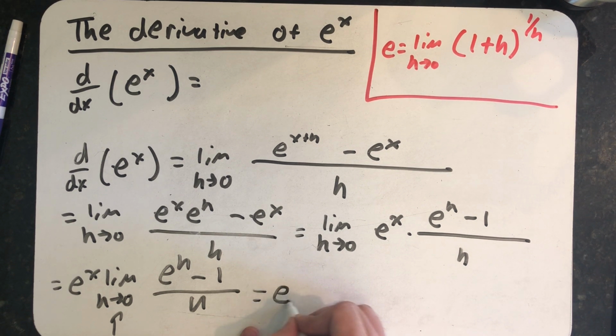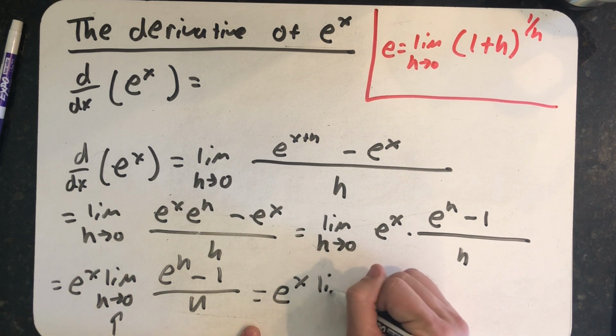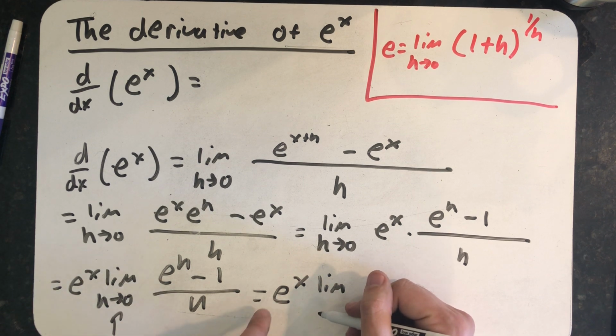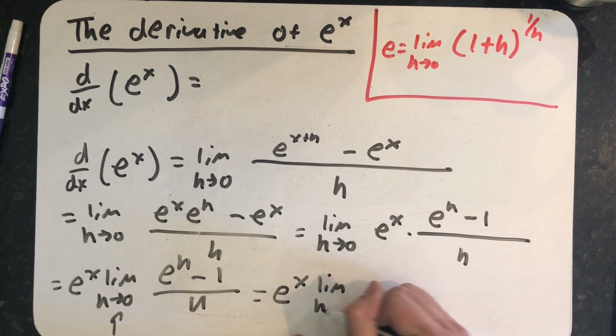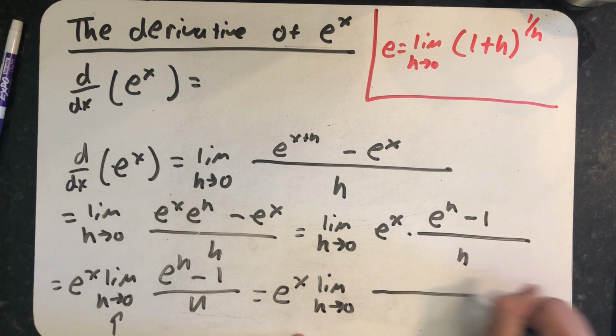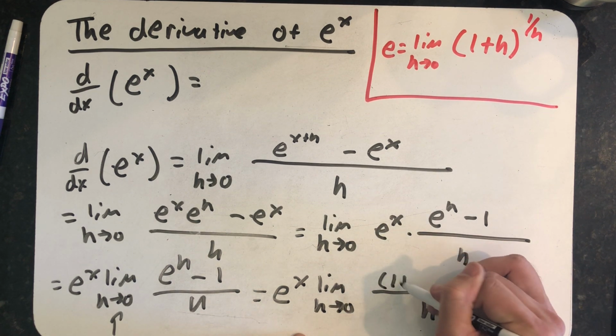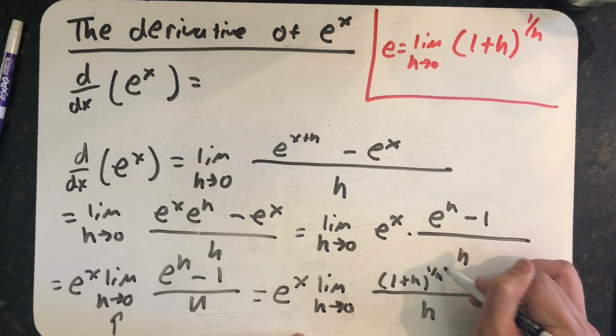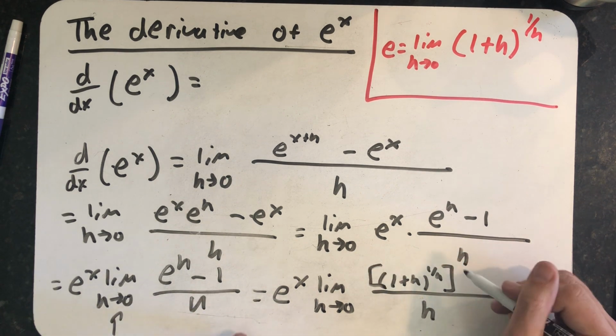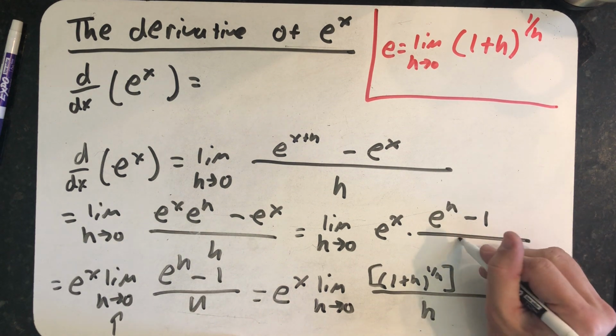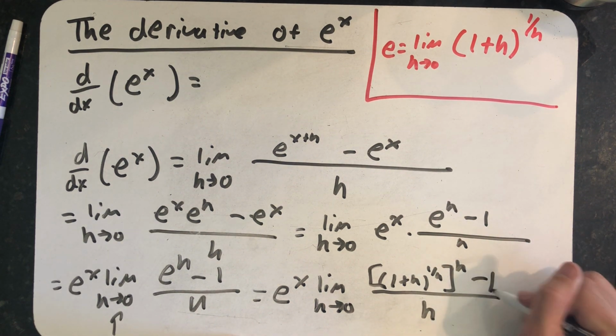And I'm really thinking about my limit laws, right? That I could break all of this apart to where I was just taking the limit of that e to the h. Because h is tending to 0, I can replace that e with (1 plus h) to the 1 over h. And e was itself being raised to the h power, minus 1.